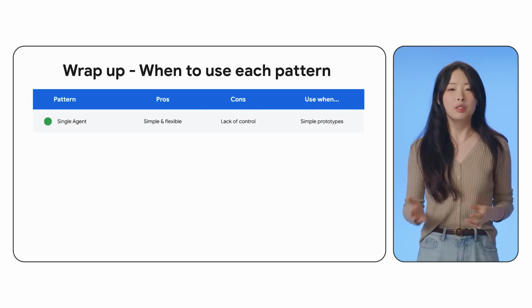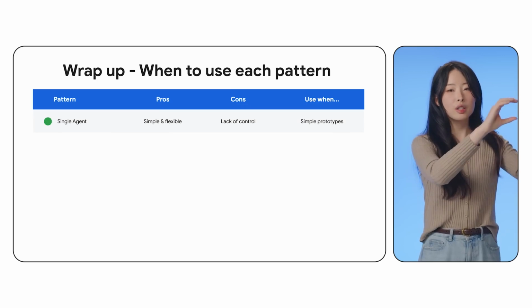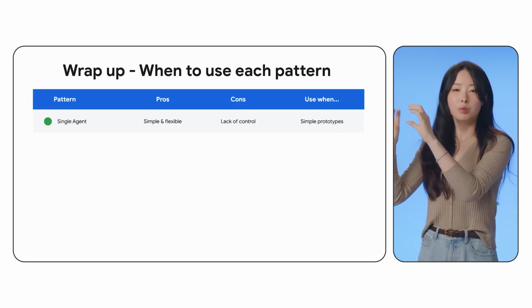Alright, there you have it. We have covered everything from the simple single agent to the dynamic coordinator pattern. And each design has its trade-off between control, flexibility, cost, and complexity. And here's the summary to compare those patterns. So in summary, you use a single agent for simple prototypes.